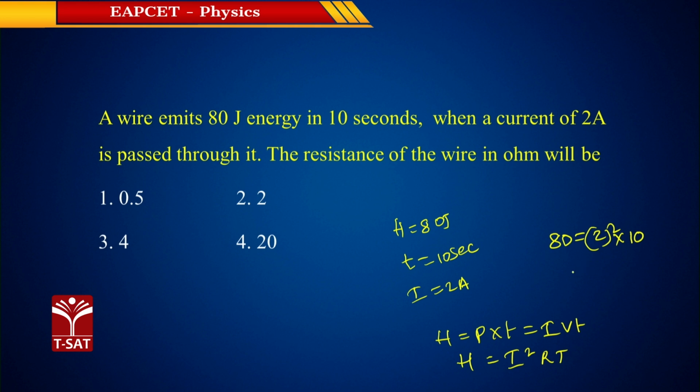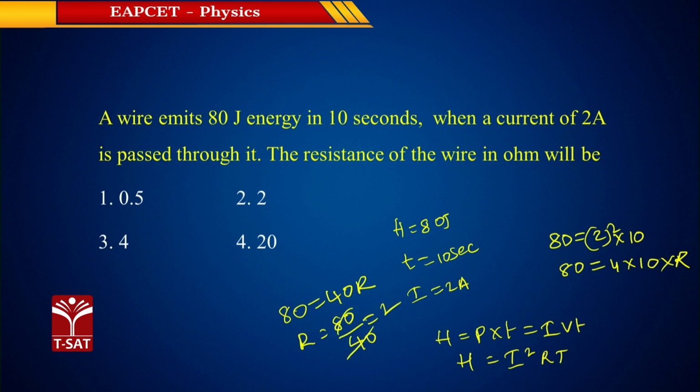Okay, 80 is equal to 4 into 10 into R, or 80 is equal to 40 R, or R is equal to 80 by 40. Therefore, what is the value? Here 2. Here which option? Second option. Okay, these formulas keep in your mind.